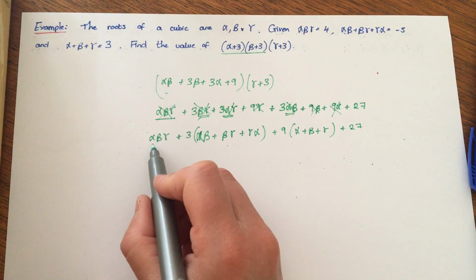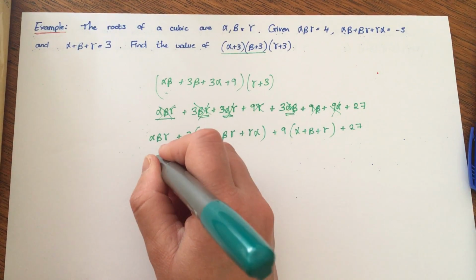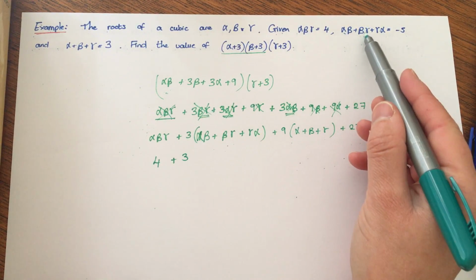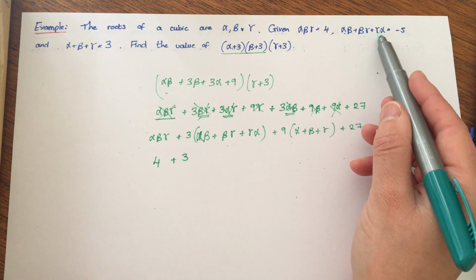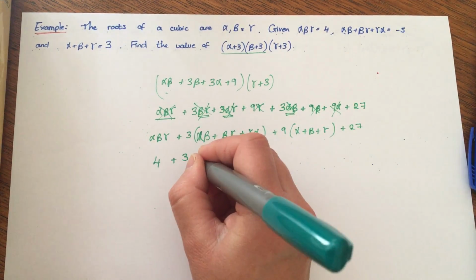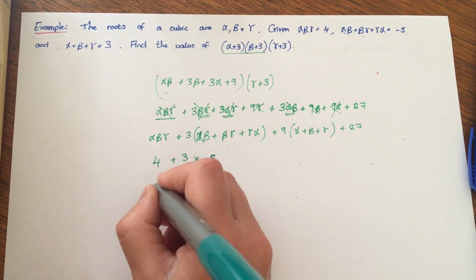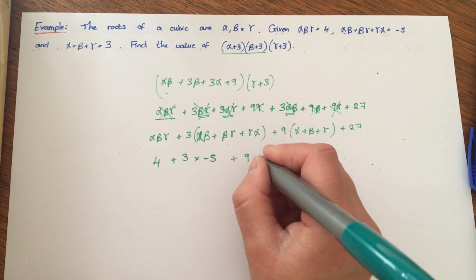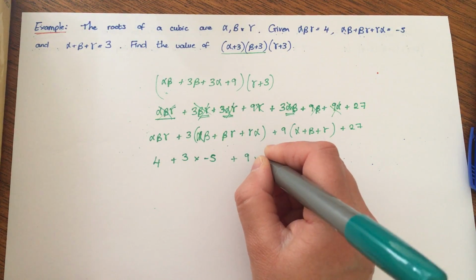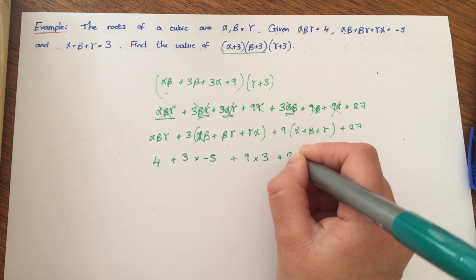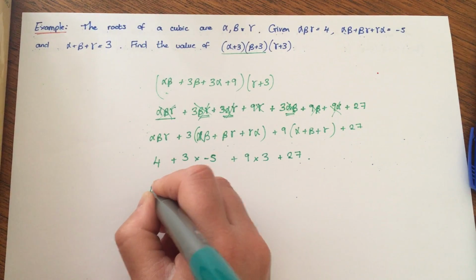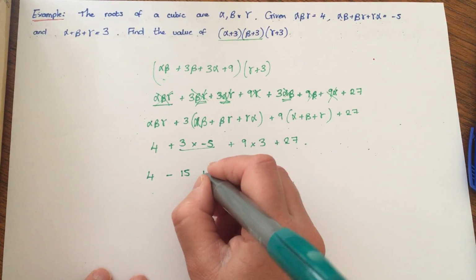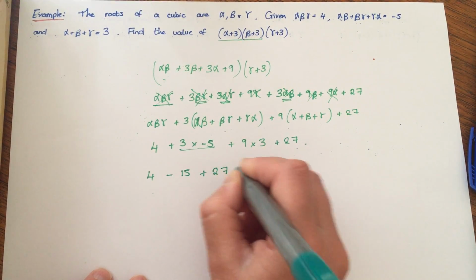So alpha beta gamma is 4, plus 3 lots of alpha beta plus beta gamma plus gamma alpha, which is -5. And then 9 lots of alpha plus beta plus gamma, which is 3, plus 27. So 4 minus 15 plus 27.